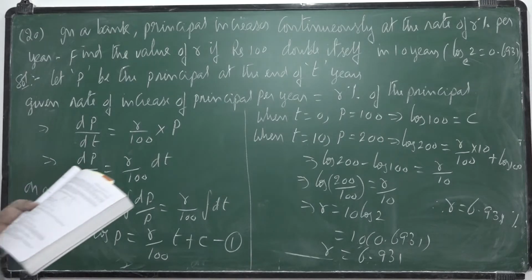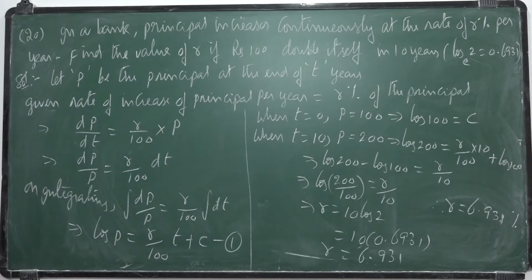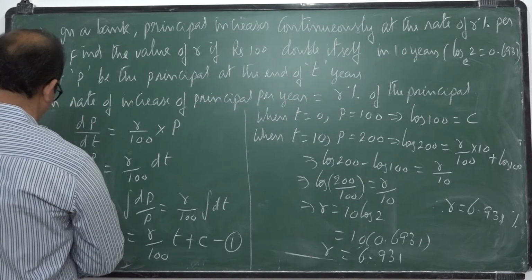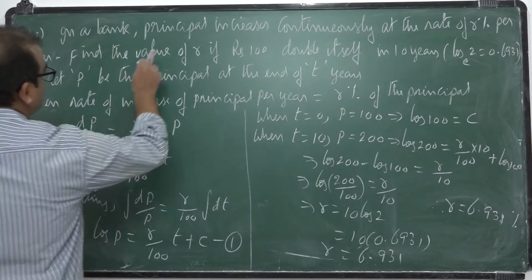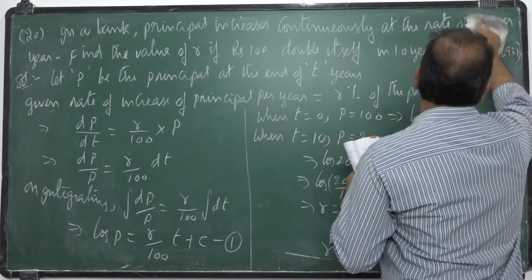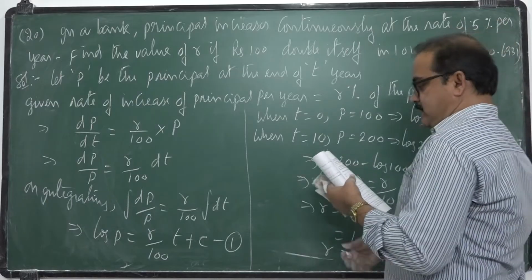Okay, next problem is also in the same model. Next, 21. Same model. In a bank, principal increases continuously at the rate of 5% per year.